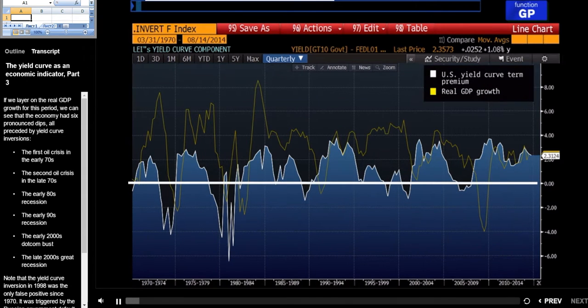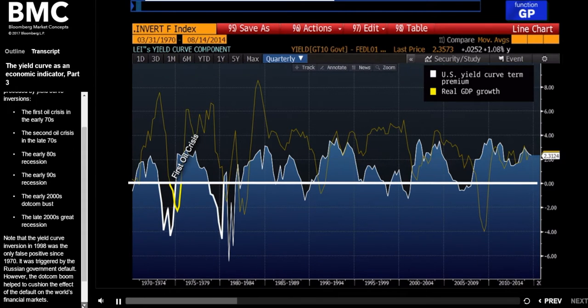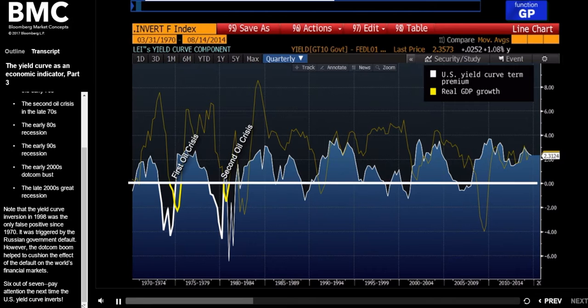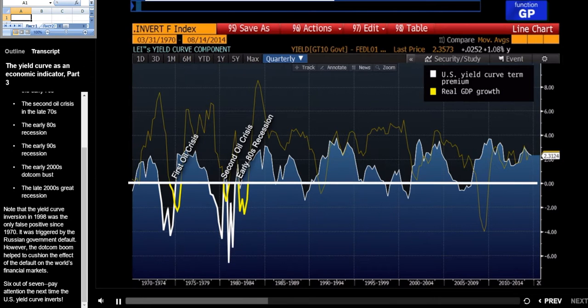If we layer on the real GDP growth for this period, we can see that the economy had 6 pronounced dips, all preceded by yield curve inversions. The first oil crisis in the early 70s, the second oil crisis in the late 70s, the early 80s recession, the early 90s recession, the early 2000s dot-com bust, the late 2000s Great Recession.